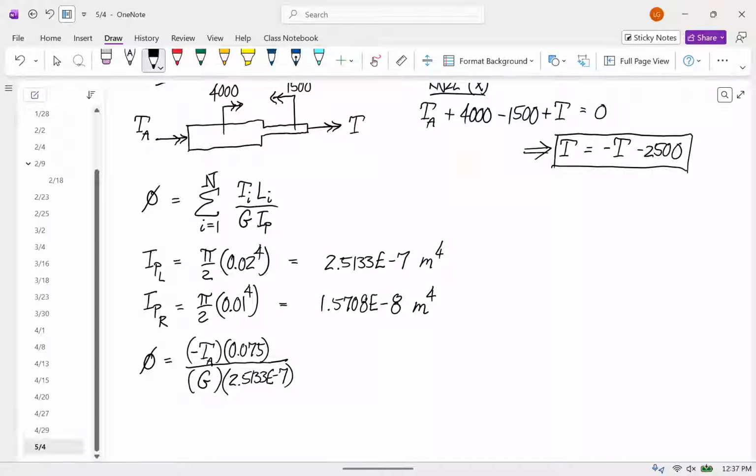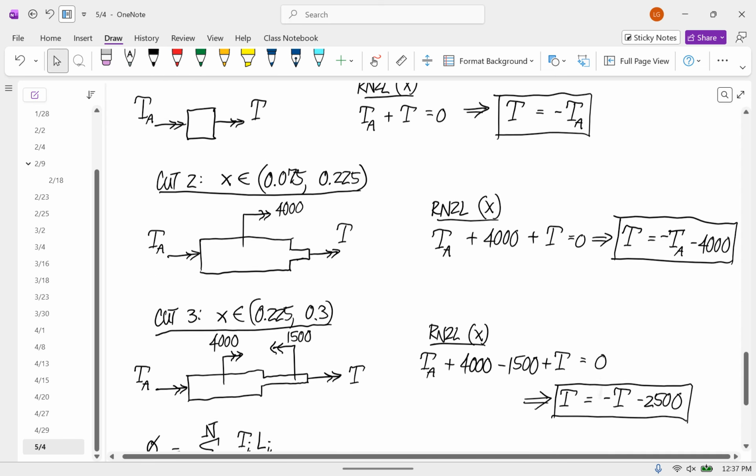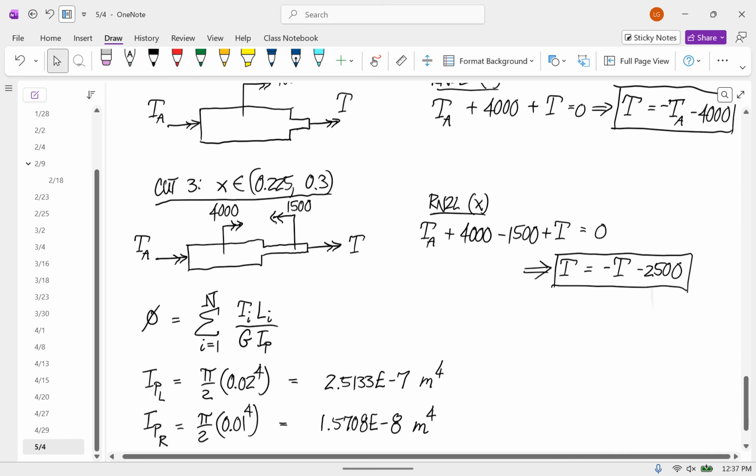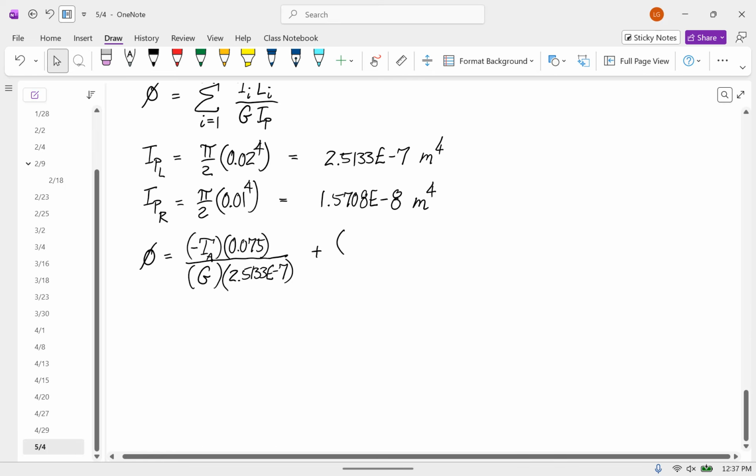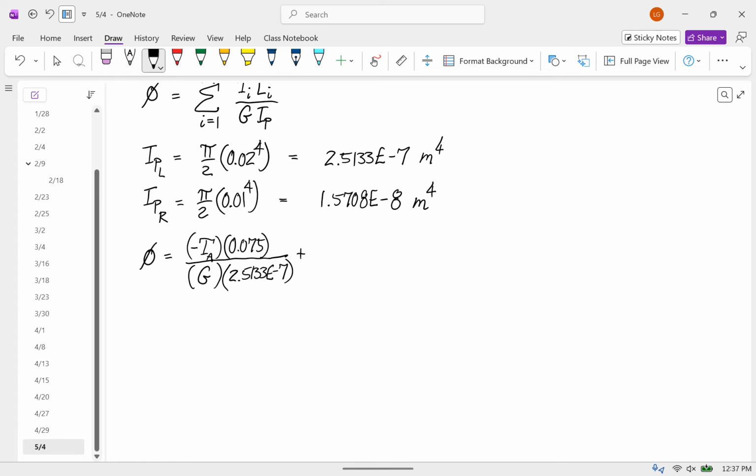Then the second piece just goes from the 4,000 to the end of the fatter part. So this has an internal torque of negative TA minus 4,000. And the length of this piece is also 0.075.